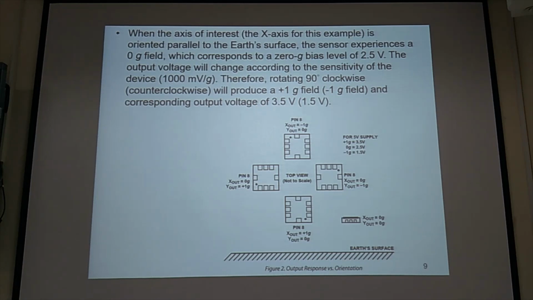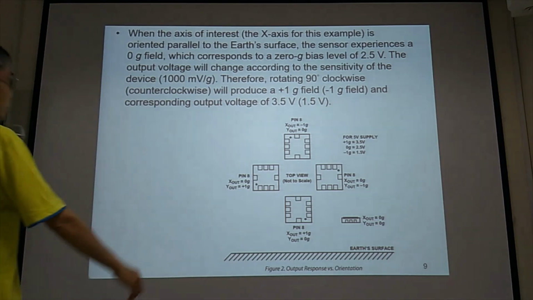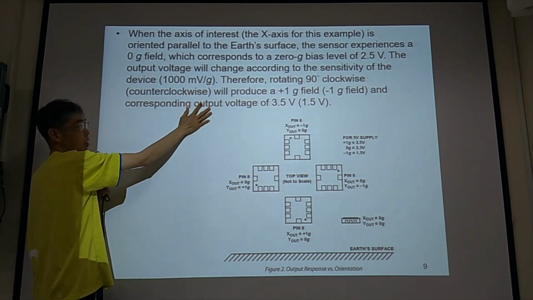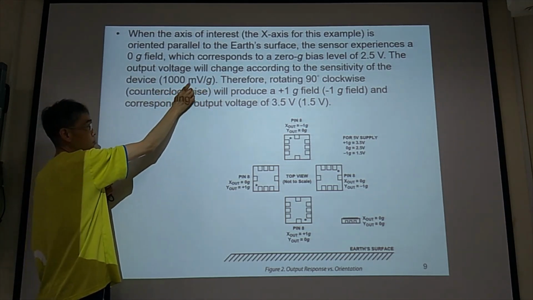And mechanical sensitivity in this case is Farad divided by acceleration. Then electrical sensitivity is volt divided by Farad. So Farad divided by G times volt divided by Farad. Farad cancel out. So the output is volt divided by G. So this volt divided by G is the total sensitivity. But they prefer millivolt as the output unit. So 1000 millivolt per G.